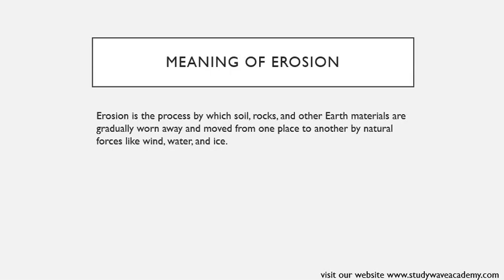Erosion is when things like soil and rocks are slowly worn away and moved by wind, water, or ice over a long time. It's like nature reshaping the Earth's surface. Do we understand that?